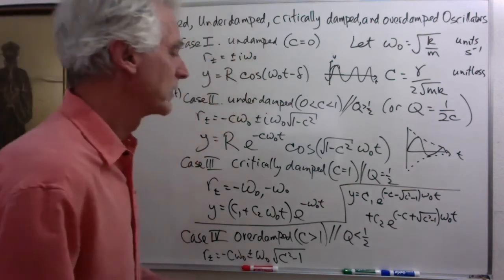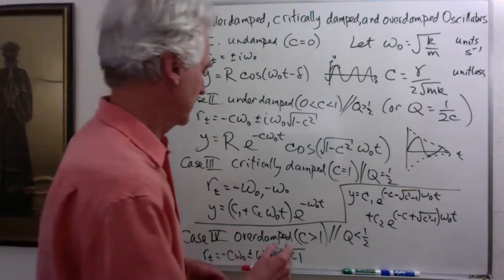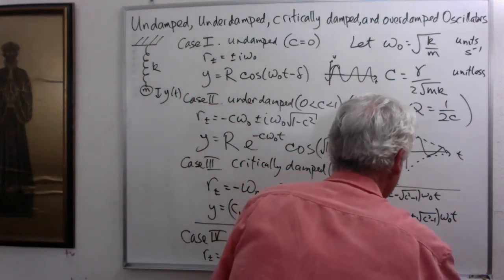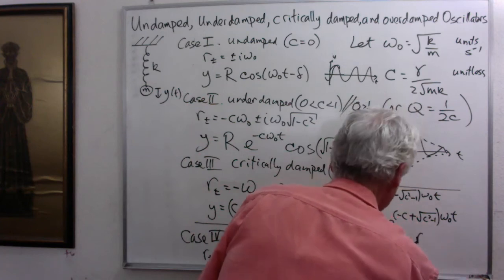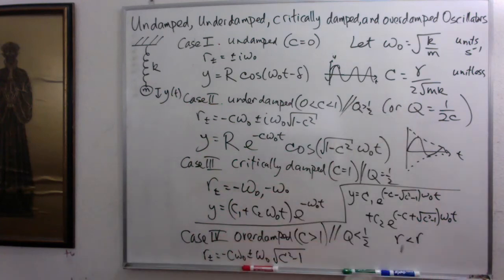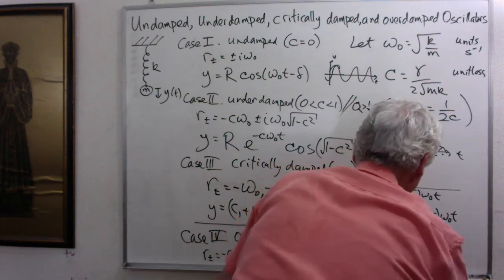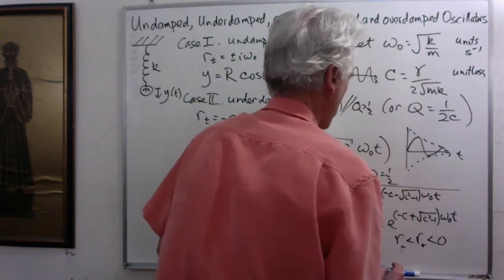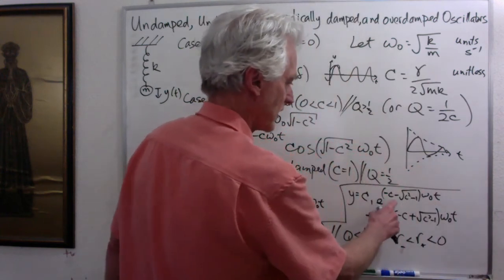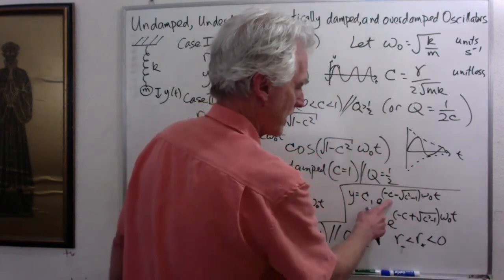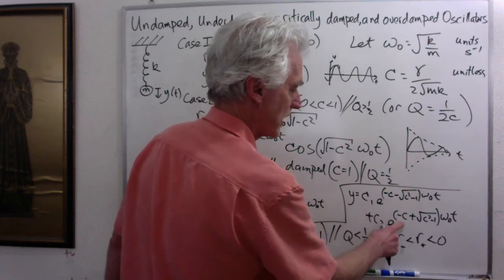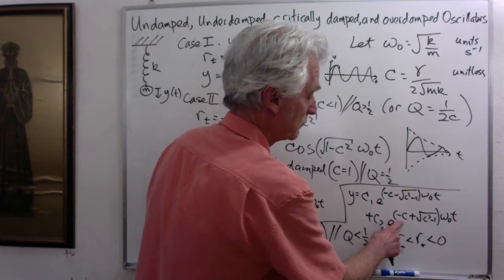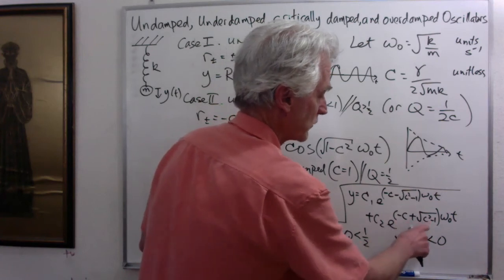And the other thing we can see is that we have R minus less than R plus less than 0. R minus is definitely negative, but R plus is also negative because negative C beats out square root of C squared minus 1, right?